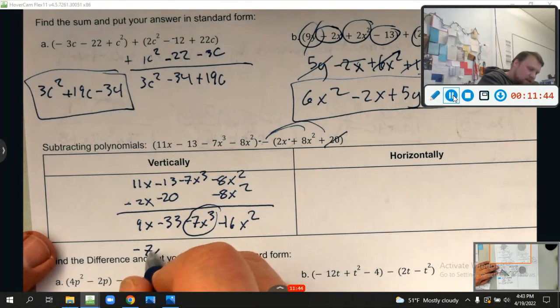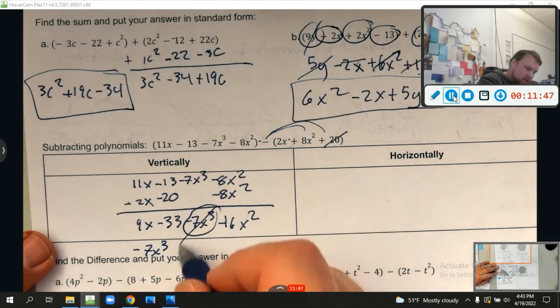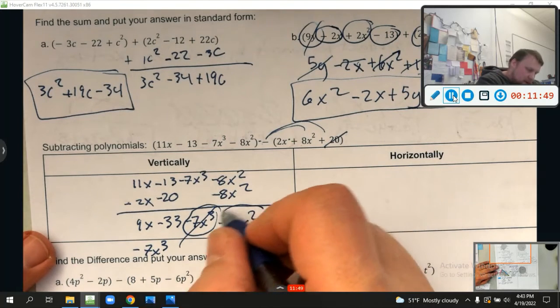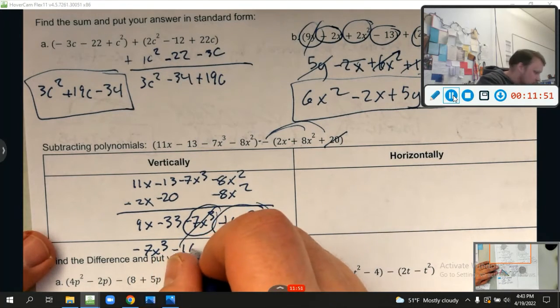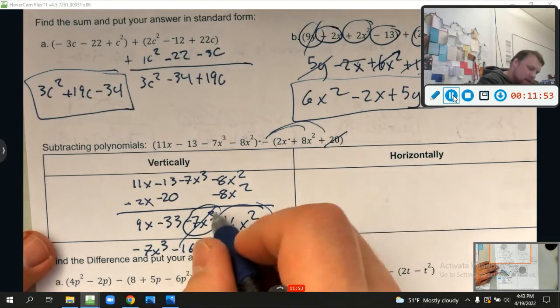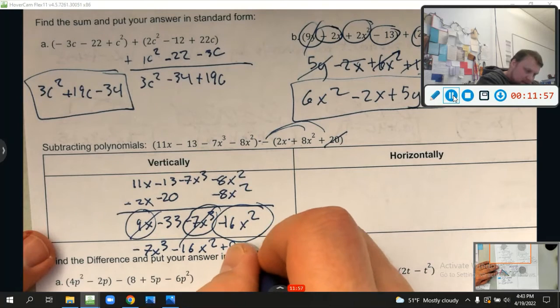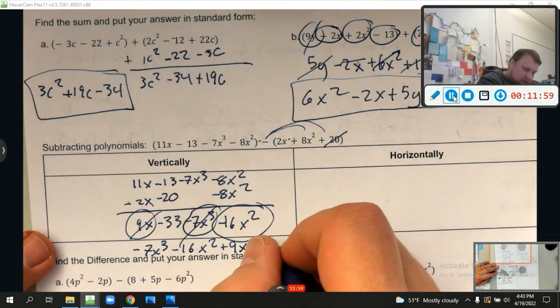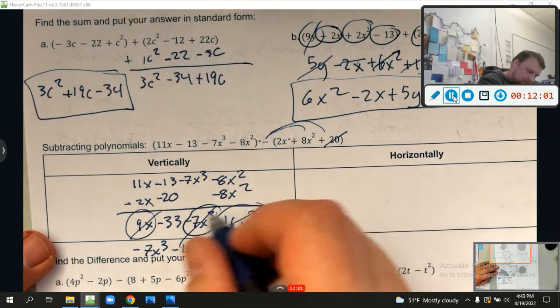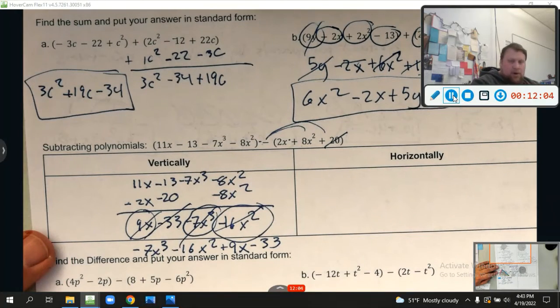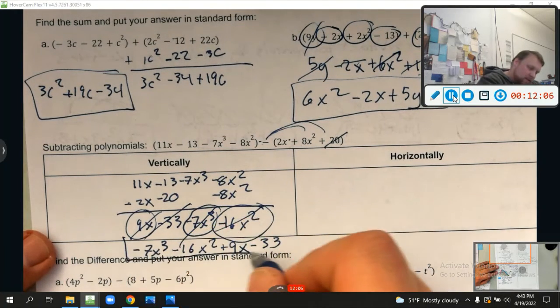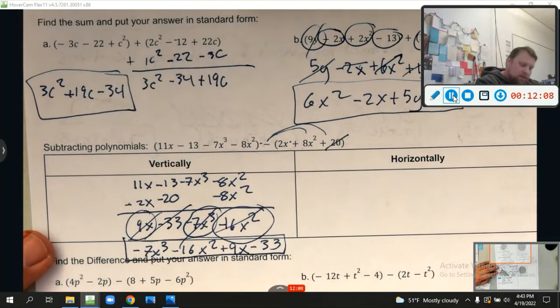So I'm going to have negative 7x cubed, and then minus 16x squared, and then plus 9x, and last, minus 33. We've got them all. And that is your final answer in standard form.